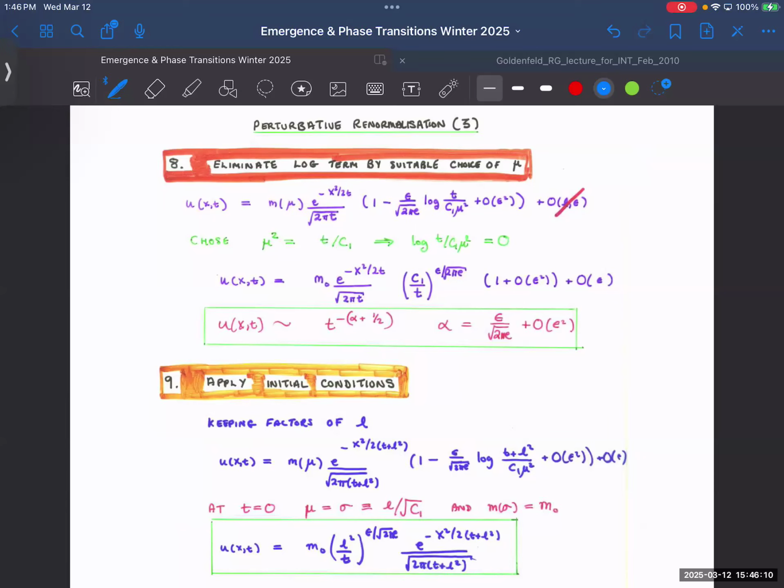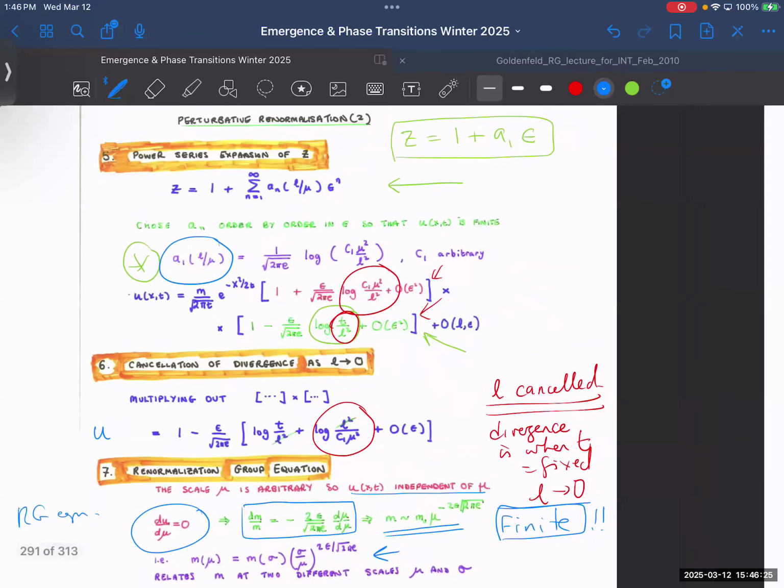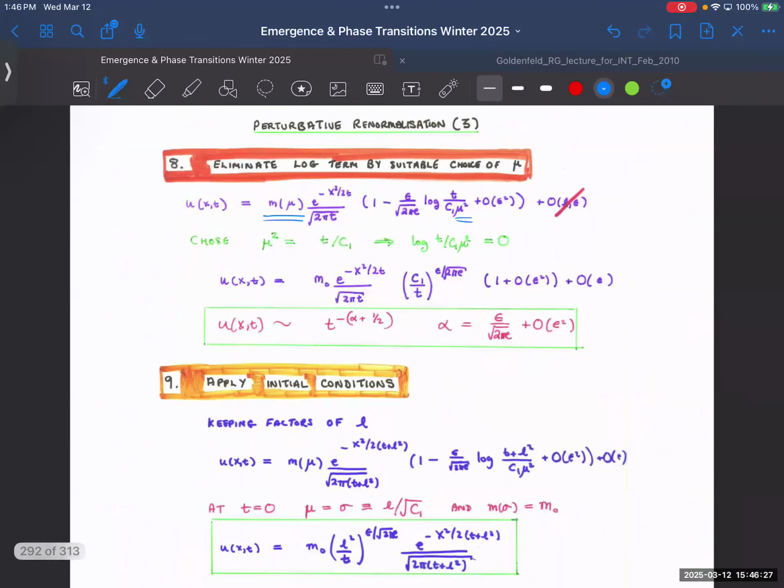So u is m of mu, there's m of mu, and there's mu here. In order for the solution to not depend on the scale mu, m of mu has to have this magical form. If m of mu has this magical form, then my solution looks like this.